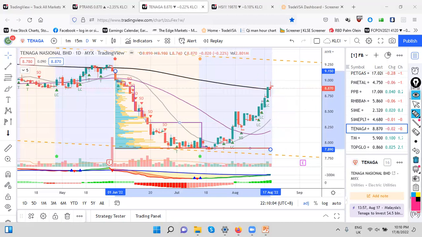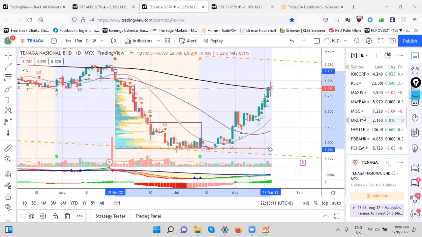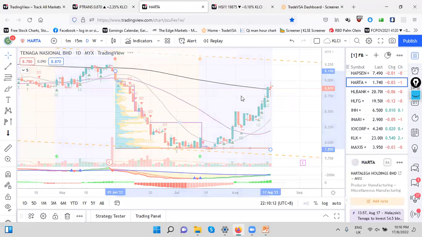So these stocks are not going to go bankrupt anyway, so it's quite safe, at least compared to something like Hata. Hata is a scary case.